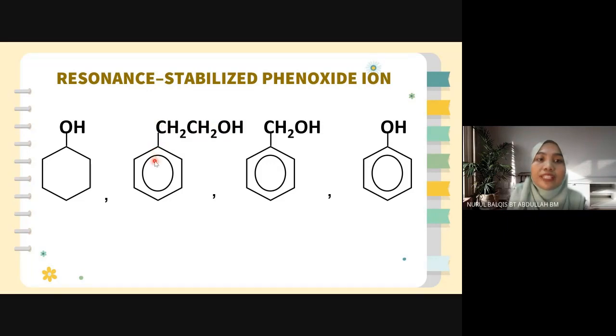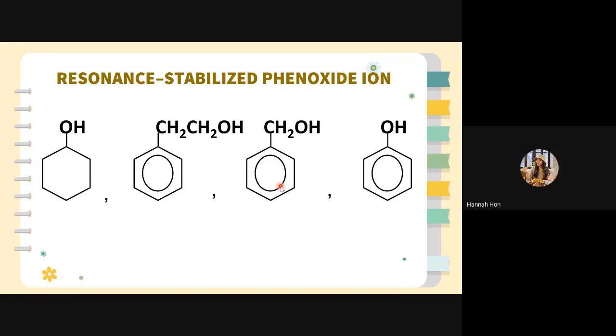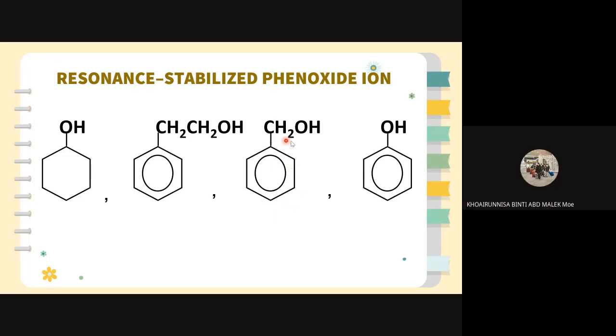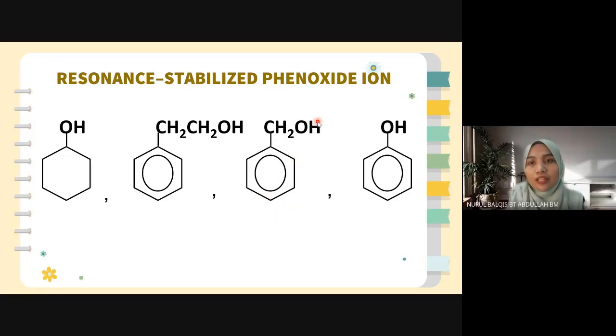So 2-phenyl ethanol. Yes, 2-phenyl ethanol. Okay, good. What about this one? Is this an aromatic alcohol or aliphatic alcohol? Aliphatic, sebab kita ada satu carbon atas ni. Nama dia? Yes, phenyl methanol. Okay, lastly we have this phenol lah.